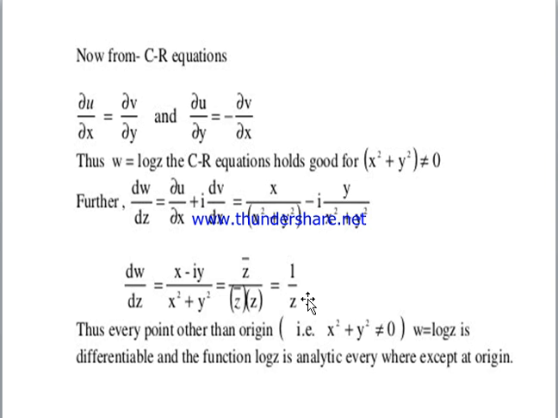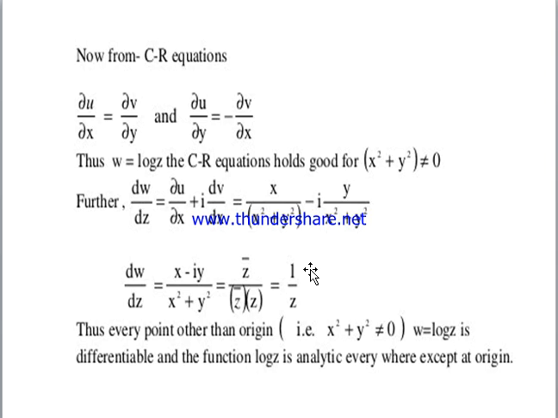Otherwise you can write by using dou u by dou x and dou v by dou x also. So thus at every point other than the origin, w equal to log z is differentiable, and the function log z is analytic everywhere except at z equal to 0, because here CR equations are satisfied and it is differentiable also.